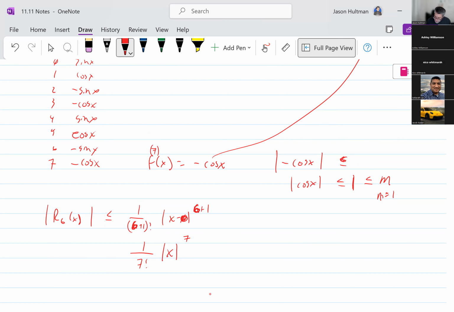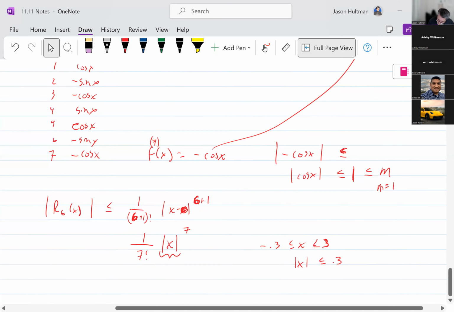But now, what do we know about the absolute value of x, based on our interval? Remember, it was from negative 0.3 to 0.3. So the absolute value of x is less than or equal to 0.3.